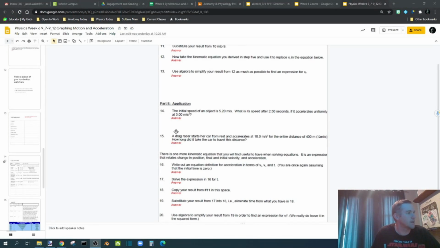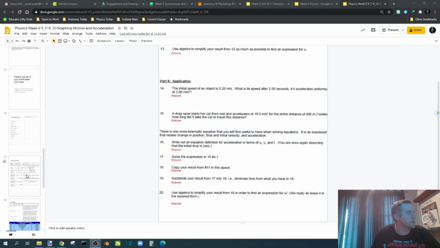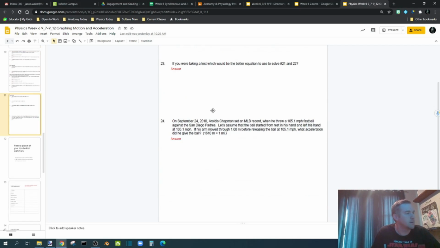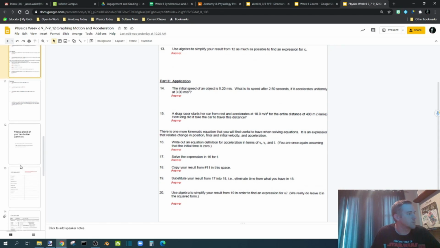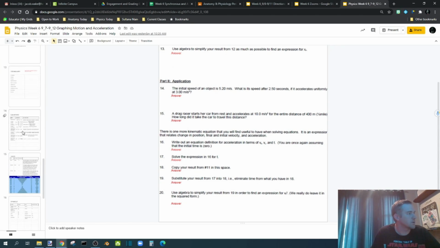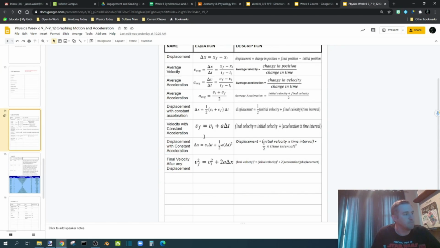If you scroll down to the next slide, or if we go down to our equations, you're looking for one that uses time instead of change in x. This is the one we used before. Can you find one that uses time, acceleration, initial velocity in order to find final velocity? So where would that be at?